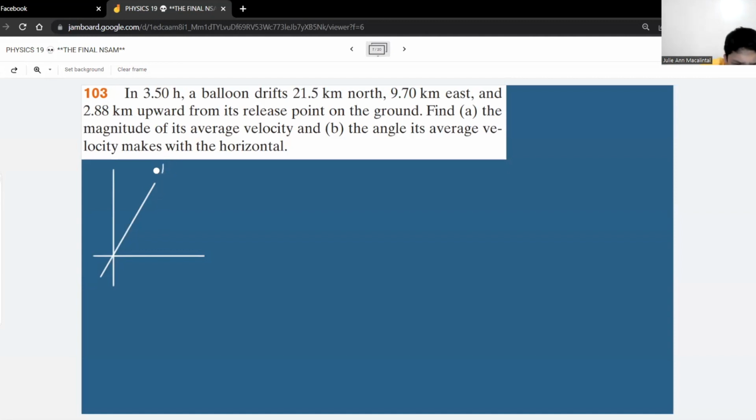So, yung X is 9.70, di ba? 9.7. Yes, and then, so dito siya. Tapos okay, up, yung Z. Ayan. 2.88. Ang baba.